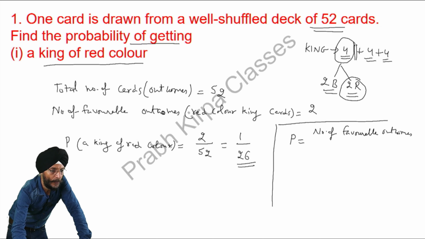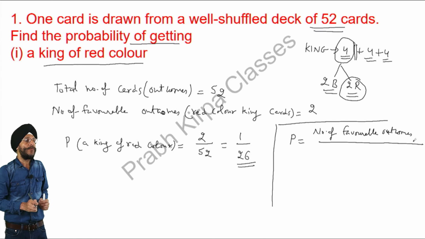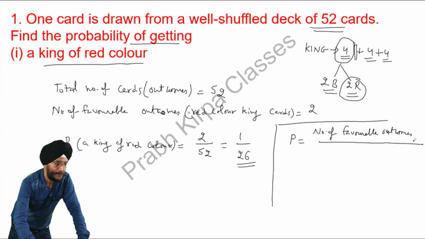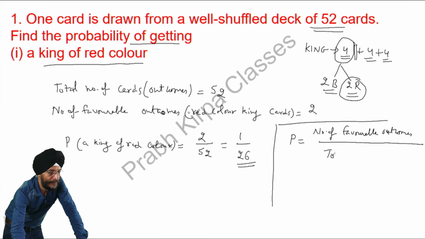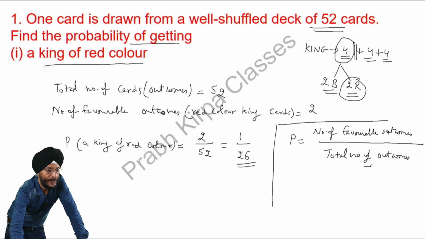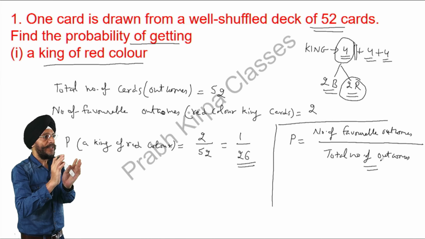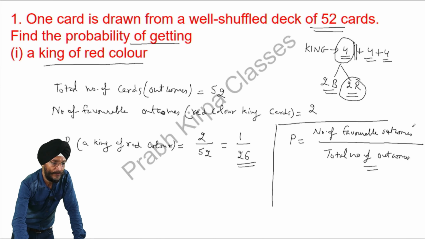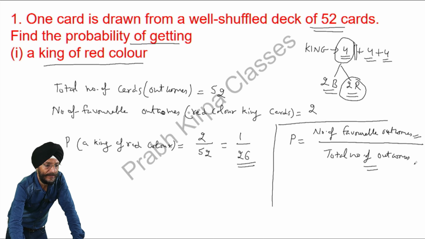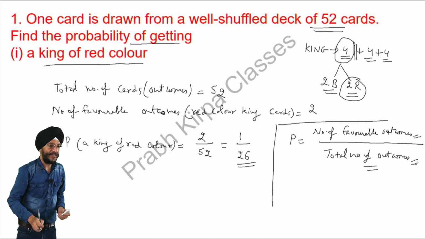Number of favorable outcomes here stands for the number of cards for which we have to find the answer, and total number of outcomes means the total number of cards for which we are counting. If we are to find out the answer for red color cards, we will add it here and the total number of cards will be mentioned here.